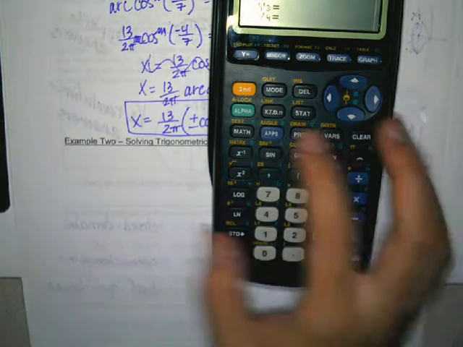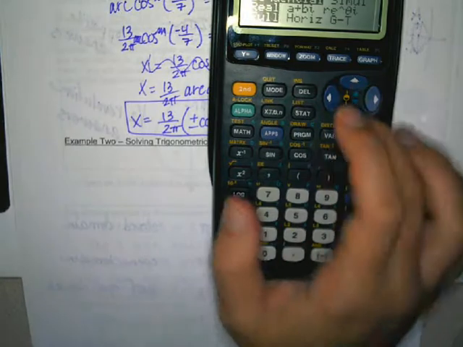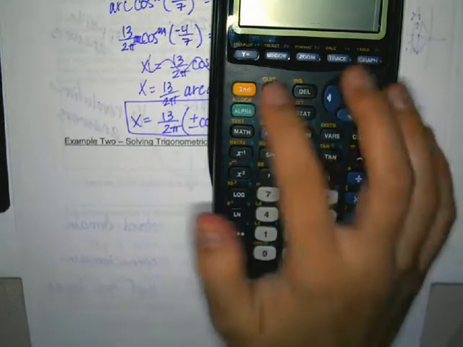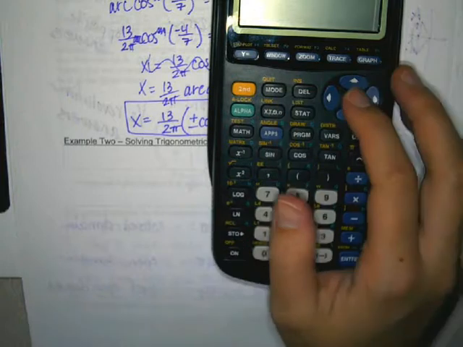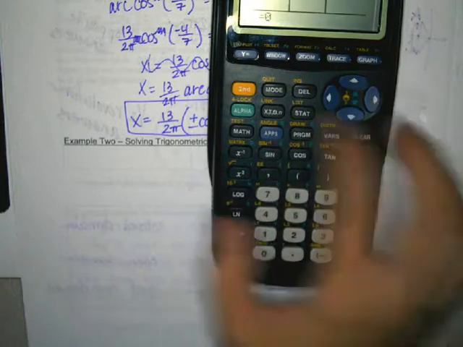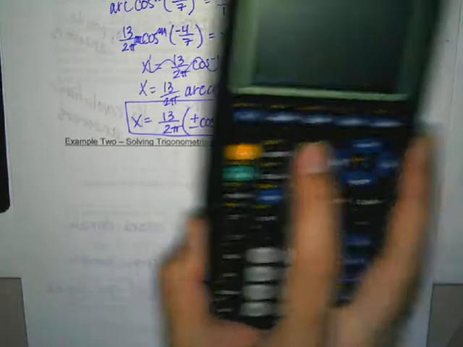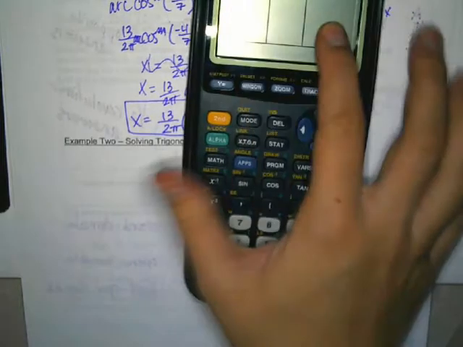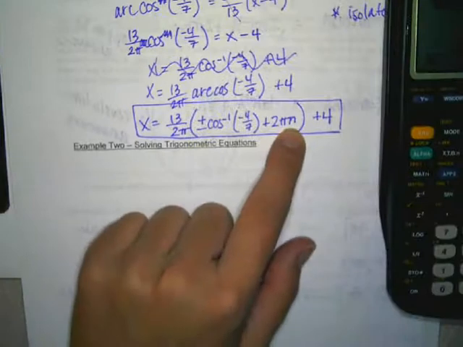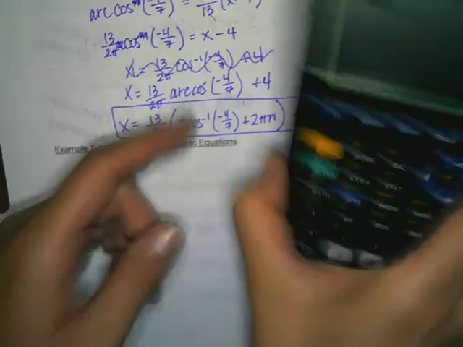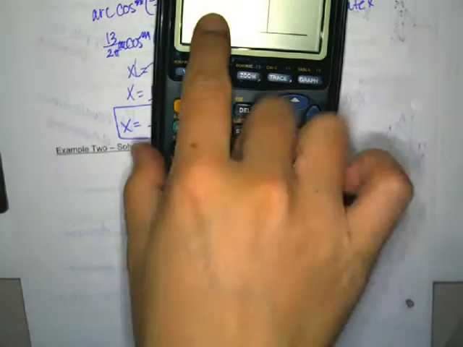Okay, and then as long as my mode is in radians, and I go to my table, if I delete all my values there, I should see this. Now remember that x is the amount of revolutions that you've gone around. So, let's say I don't go around any revolutions. That's what x means here. I get those two values.